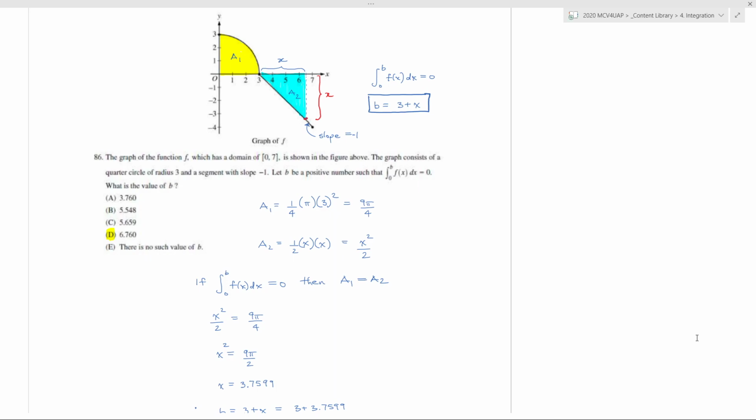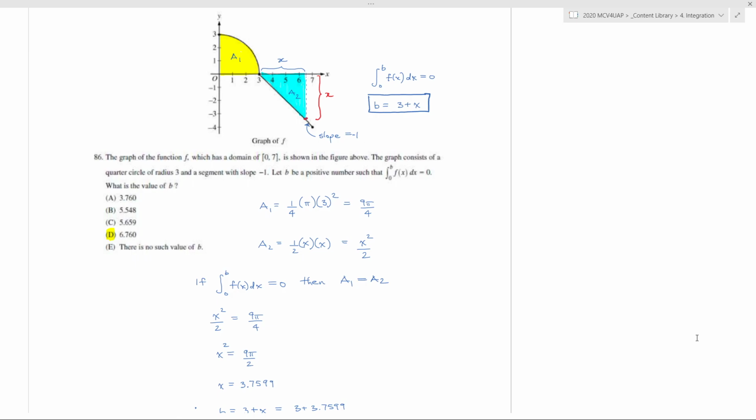So what I've done there is I randomly drew a dotted line from the x-axis down towards that line with a slope of -1. It doesn't matter where you put that. I just happen to put it between 6 and 7. I don't know where to put it, but that really doesn't matter.